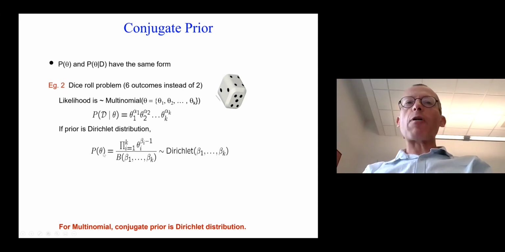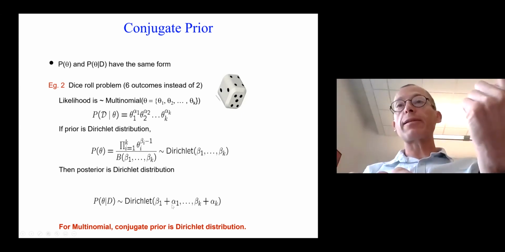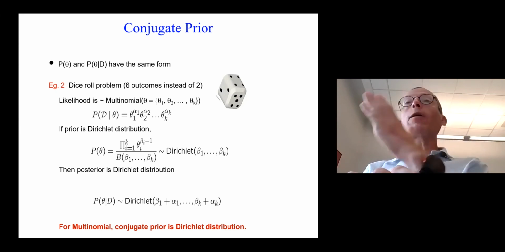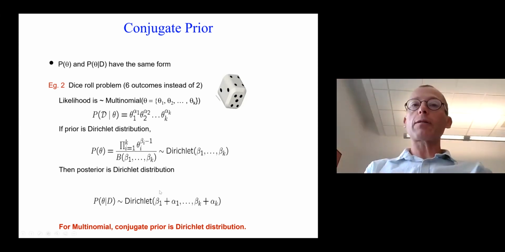So this is the prior, this is the likelihood, and the posterior is just a summation like we did before of the priors and the observations. If you flip a die with 6 values and you don't know anything, you can assign a value of 1 to each one, and then when you see more and more observations, you can update your probability based on the Dirichlet distribution.